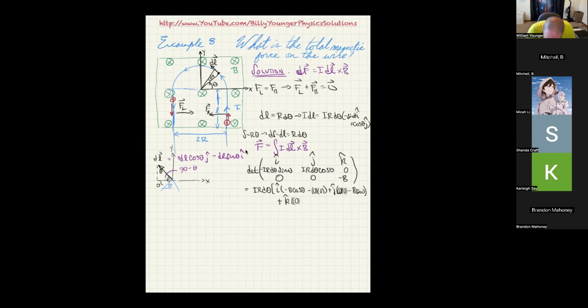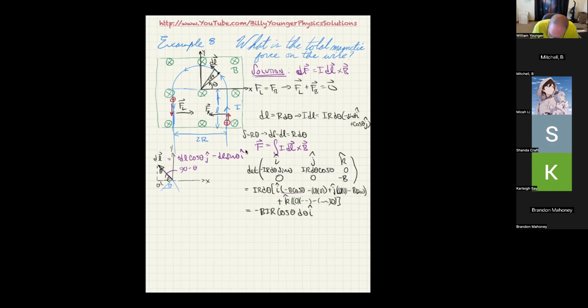So we can see now that all that disappeared. And ultimately what I get for calculating this cross product is negative B times R times I times cosine theta times d theta i hat. Okay, so that's just this part right here.